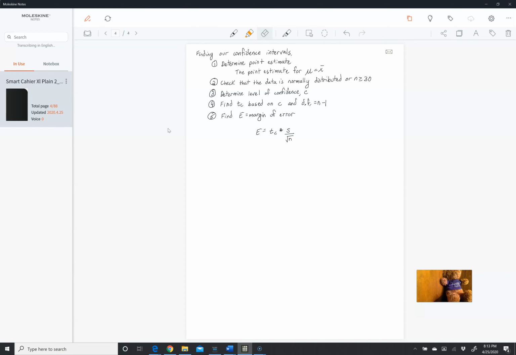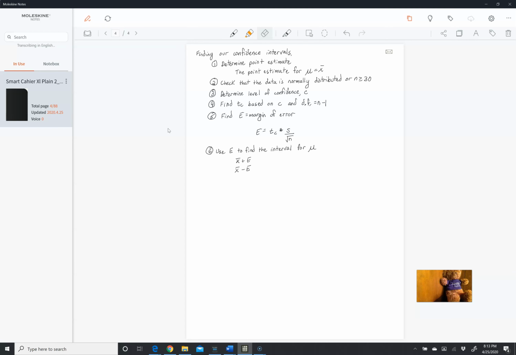Okay? And the last thing is you're going to use E to find the interval. And this is exactly the same thing as before. You're going to do your sample mean plus your margin of error and your sample mean minus your margin of error. That's it. Okay.